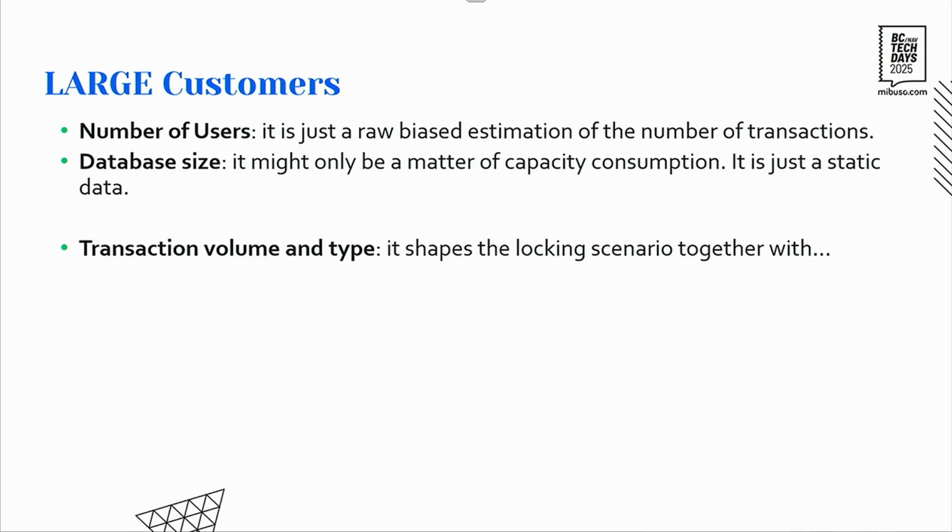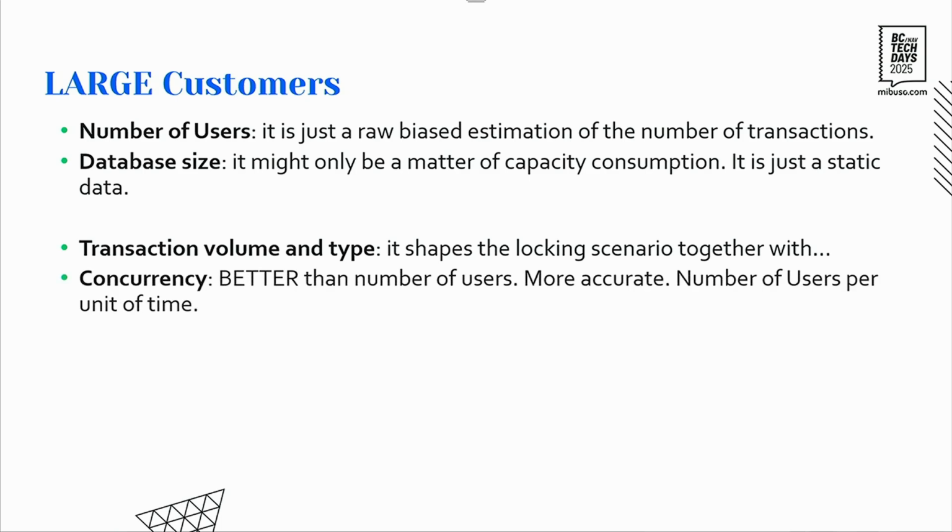The transaction volume and types, because this one shapes the locking scenario that you might have upfront, or the things that you are actually doing if you're doing this reactively, because you have already uplifted one of these big elephants to the cloud. Transaction volume and type, and the most important one, concurrency.